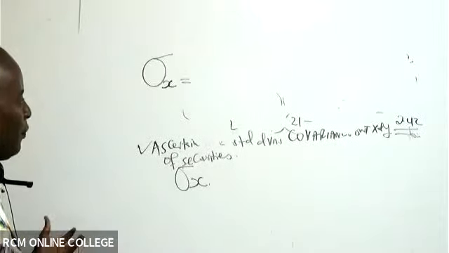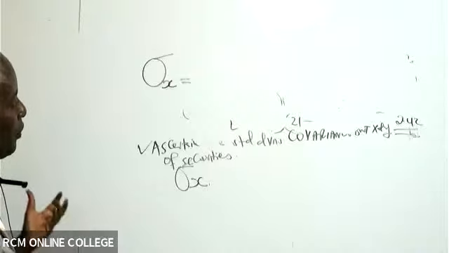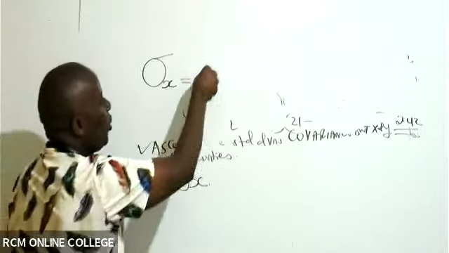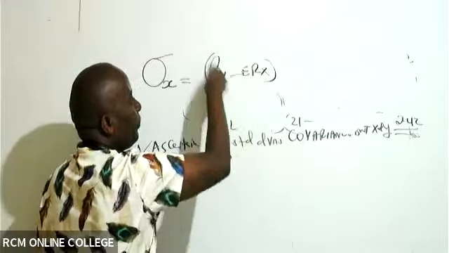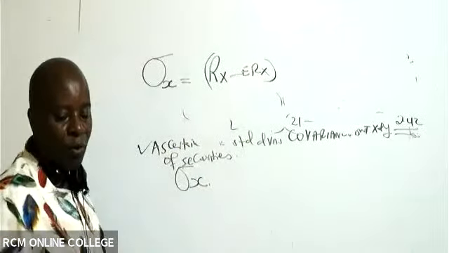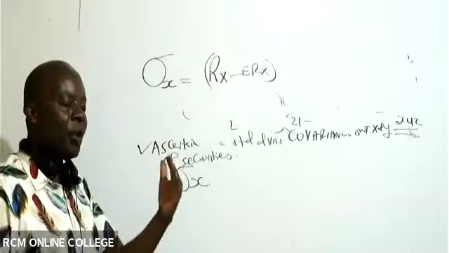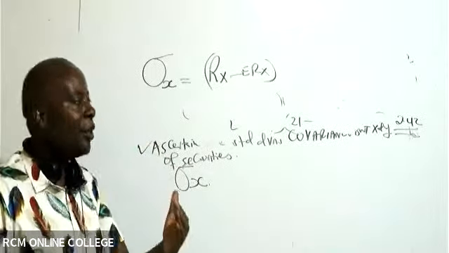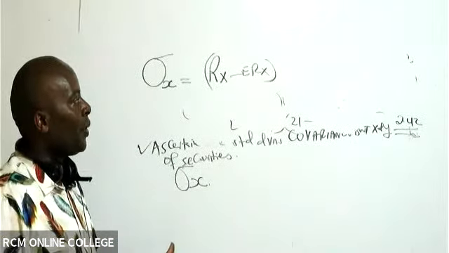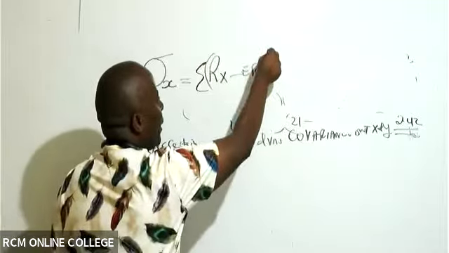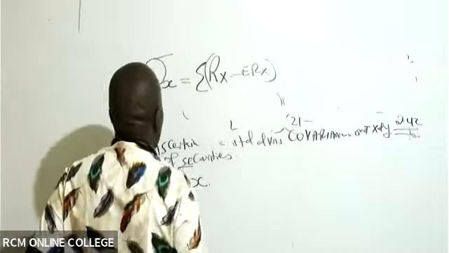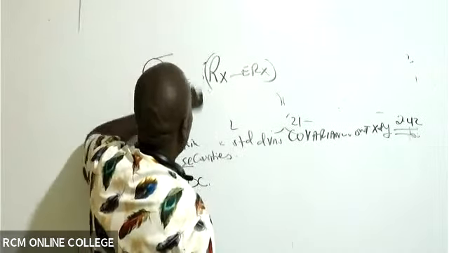So first we need the deviation of x. How do we get it? It's very easy. You take Rx minus ERx, because deviation means subtraction: actual returns minus expected returns. This must be in terms of sum of squares.